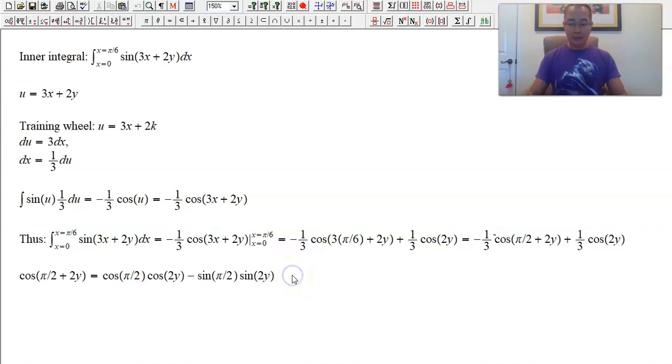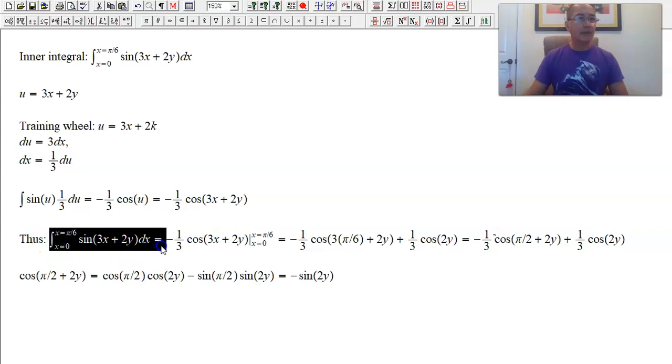So we just get negative of sine 2y. Okay, so with that minus 1/3, we are going to get plus 1/3 sine of 2y. Okay, so let's summarize what we did.